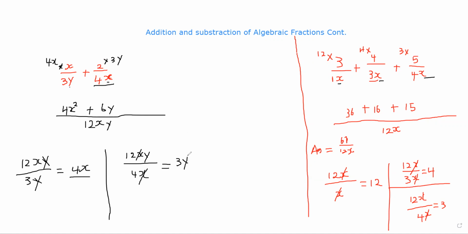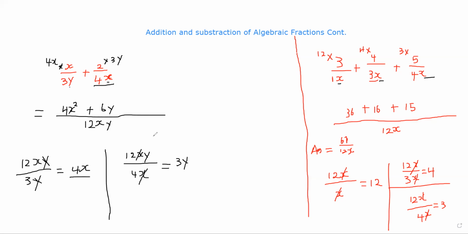Good. Question. What will be the result? Anything else we need to do here, or is this the answer? Can we add these two at the top? No, sir. Why? Because they're unlike terms. Exactly, they are unlike terms. So that would be our answer. We can't go further than that.